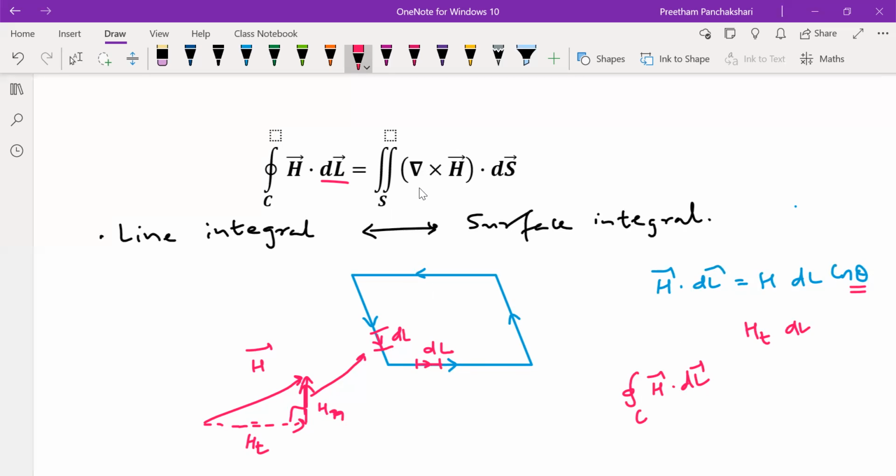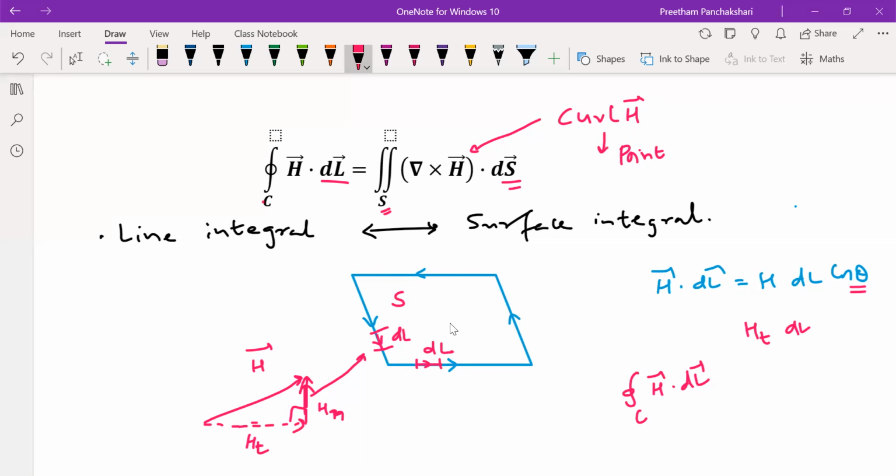Let us analyze what the right-hand side is. In the right-hand side, del cross H is the curl H. And curl H is always defined at only one point. And at the same point, there is some differential surface taken, ds. We know that S is the surface area present within the closed path.